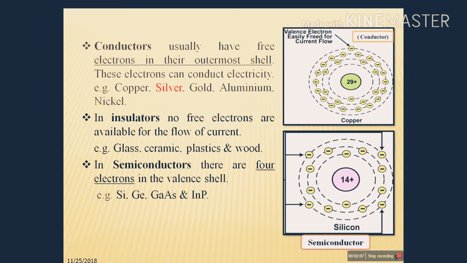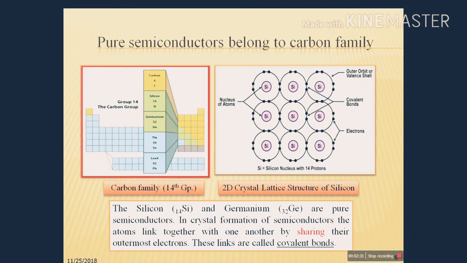In semiconductors, there are 4 electrons in their outermost shell, and we know that examples of semiconductors are silicon, germanium, gallium arsenide, and these 4 electrons are not free to conduct electricity. Pure semiconductors belong to the carbon family, that is, they are group 14 elements.